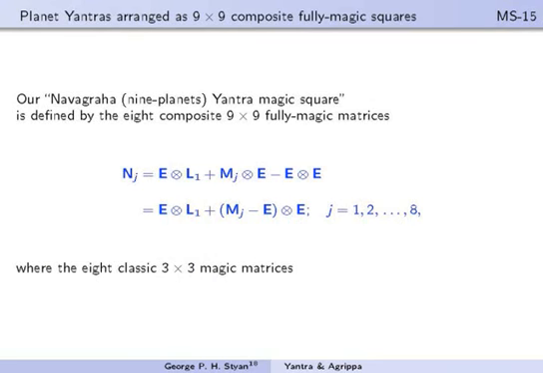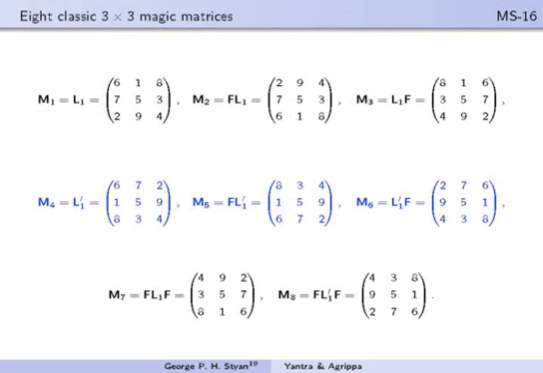Our Navagraha 9-planet Yantra magic square is defined by the 8 composite 9 by 9 fully magic matrices. Here the cross on the circle means the Karnataka product. So this yields 8 classic 3 by 3 magic matrices. The top left with the top row 618, the top center puts the 618 on the bottom.